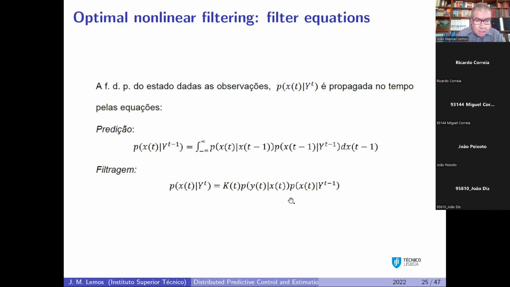Then you receive an observation, and you correct this predicted density function, which appears here, by multiplying it by this density that depends on the sensors. That's filtering. I call it filtering or correction.